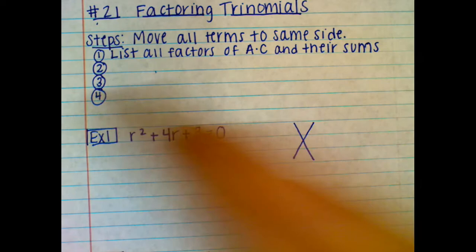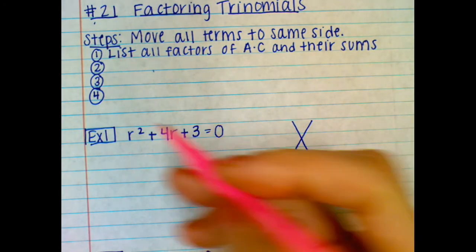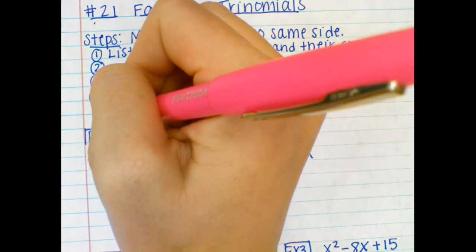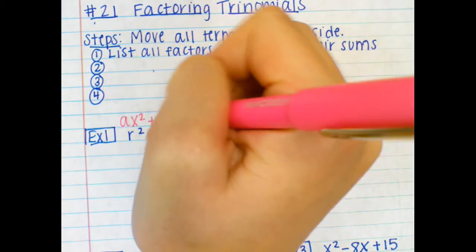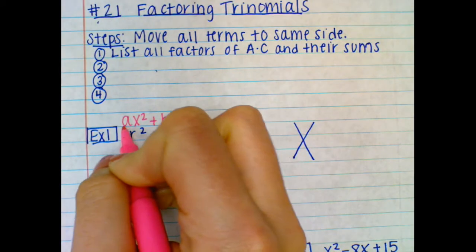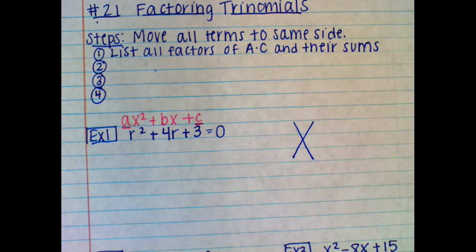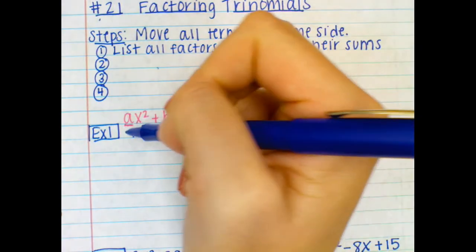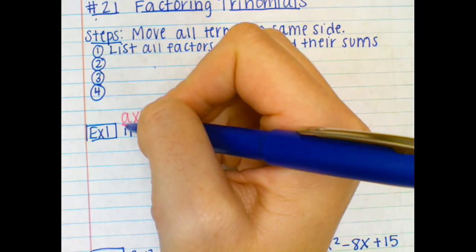So A times C in a standard form trinomial, which looks like this, it is ax squared plus bx plus c. So the number in front of the x squared term is your a, and the constant is your c. So in this case, our a is 1, and our c is 3.